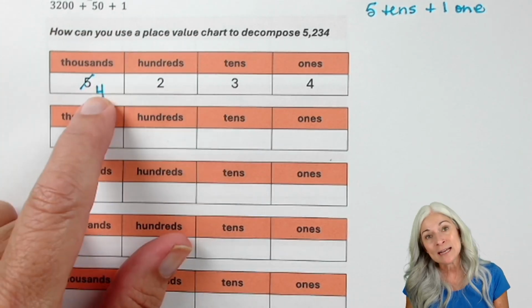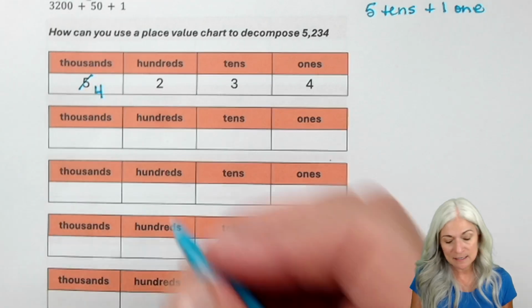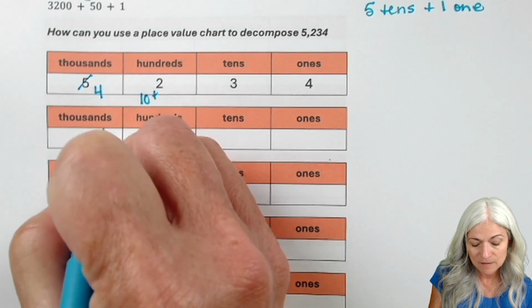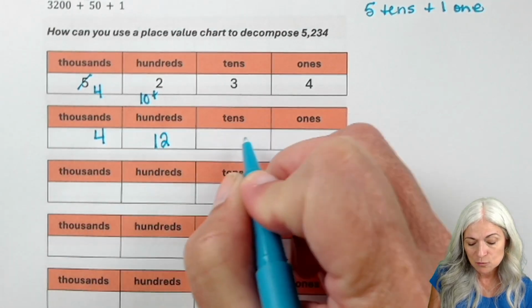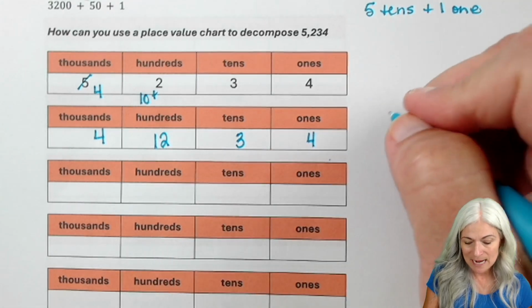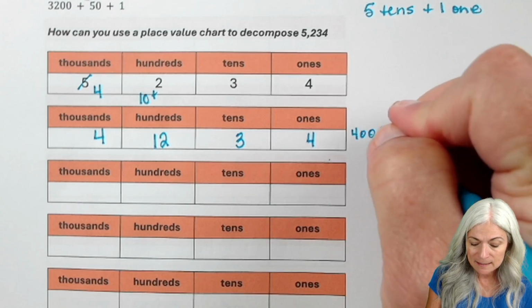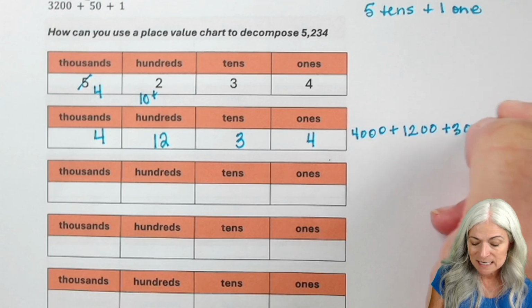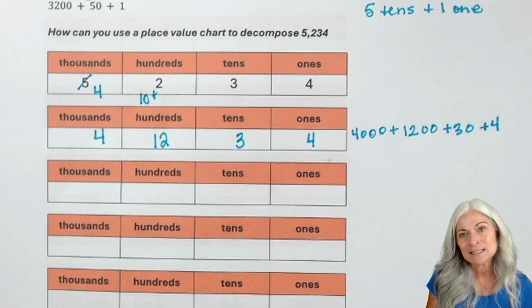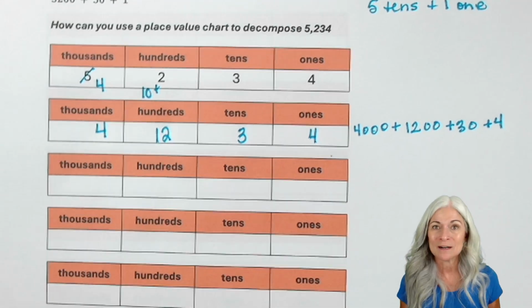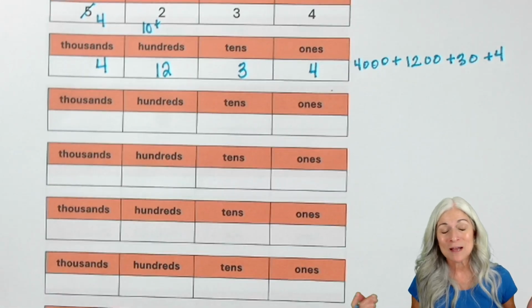And I'll exchange that 1,000 for 10 10s. So then we would have 4,000s, 1,200s, 3 10s, and 4 1s. If we add it all up, 4,000 plus 1,200 plus 3 10s plus 4 1s, that adds up to 5,234.